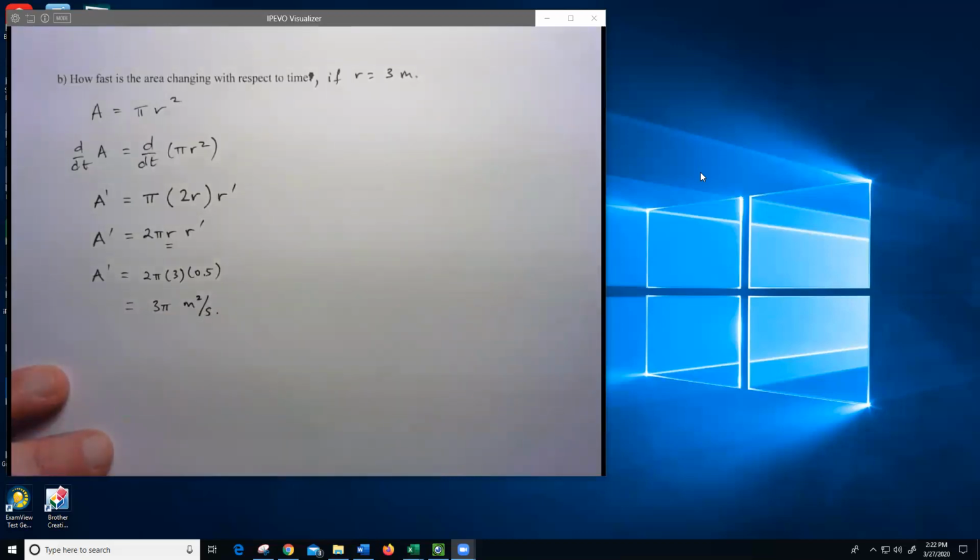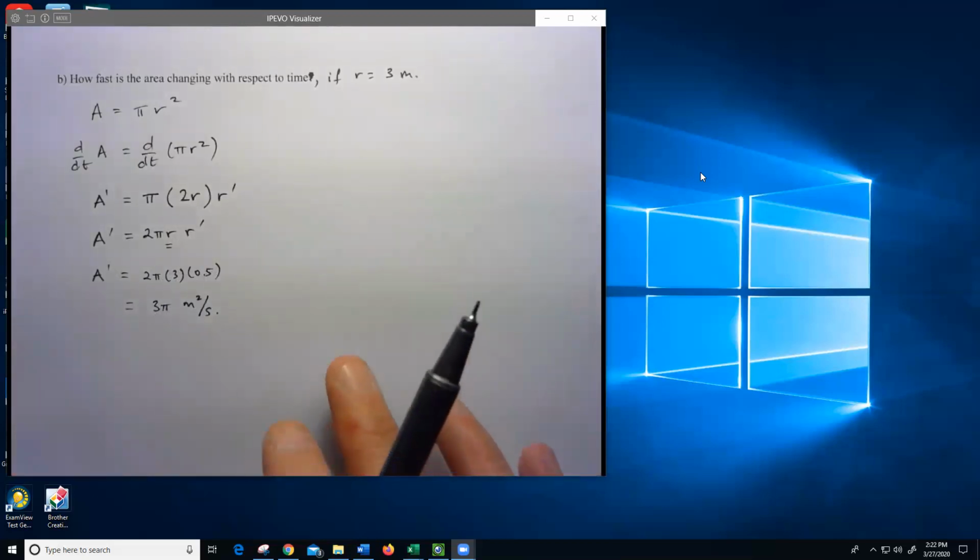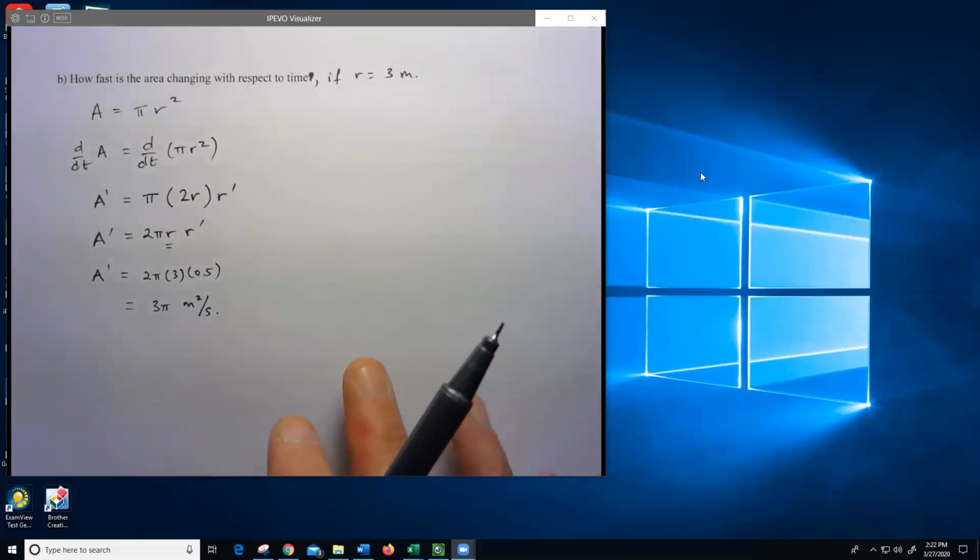All right, because here now we're talking about area, and it makes sense because in math we don't write the units, but in physics this is why they force you to write the units all the time, because this is meters per second, and then you're multiplying by meters, so it gives you meters squared per second. All right, so this is the general idea for a related rates problem.